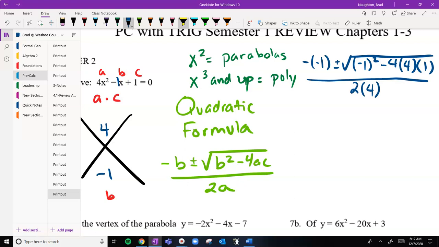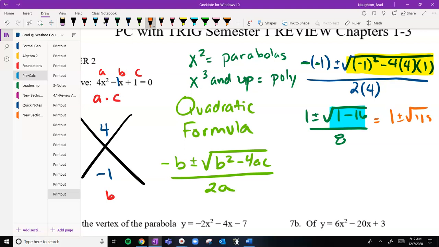Order of operations says that we have to do this square root first, because square roots are technically exponents. I'm just going to make this negative and negative a positive to make my life easier. Then -1 squared is 1, minus 16, all over 8. We continue to do the math inside that radical, which gives us 1 plus or minus the square root of -15.